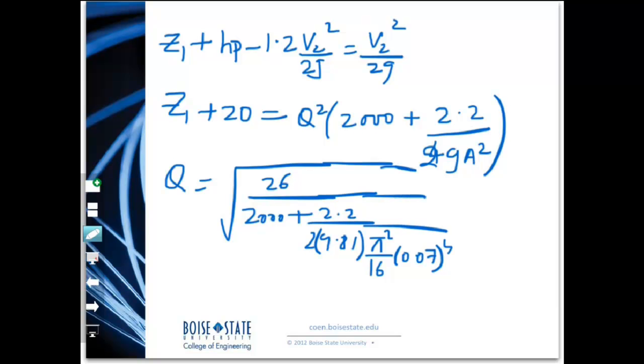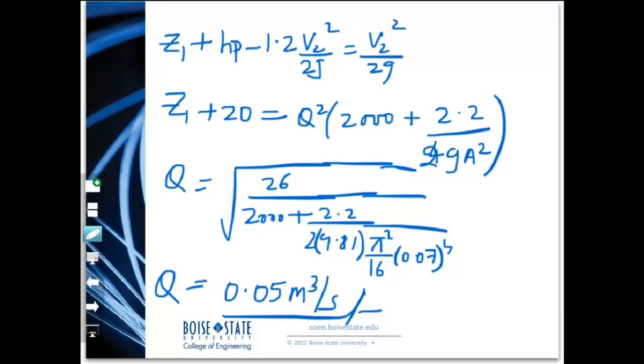Okay, if you do all of that and punch in the numbers, you should get 0.05 cubic meters per second. Okay, so that's your flow rate.